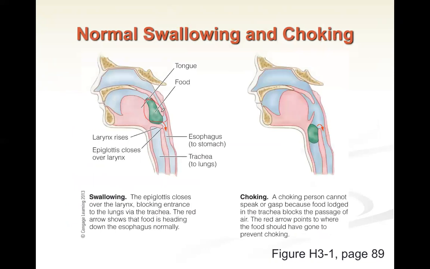What should happen when we swallow is that the larynx will rise, and this little flap, called the epiglottis, closes, and the epiglottis prevents food from going down the trachea. When we choke, the epiglottis doesn't close, and food goes down the trachea towards the lungs. And so that's when we choke.